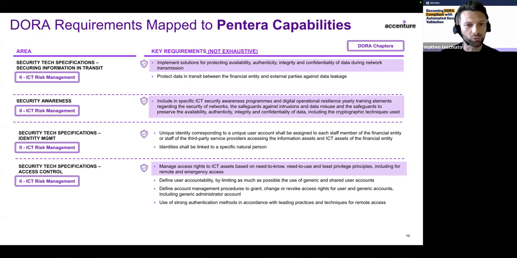Obviously, you need to ensure that your employees are able to use the right password, the right level of configuration of the environment. They are not connecting from different parts of the network that are not trusted, and so on.